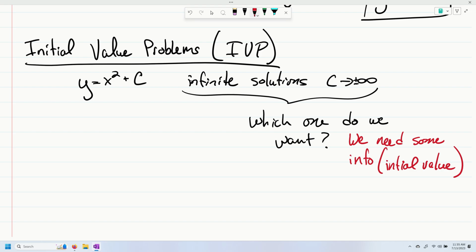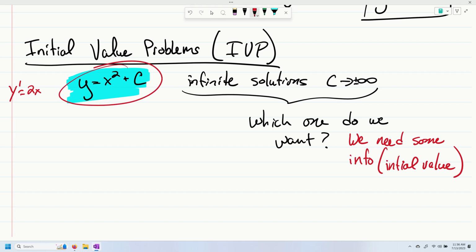So let's just recap what we're saying here. First, you found the solution to some differential equation. We're going to call it, I'll write it in red, y prime equals 2x. That's the diff EQ we had.